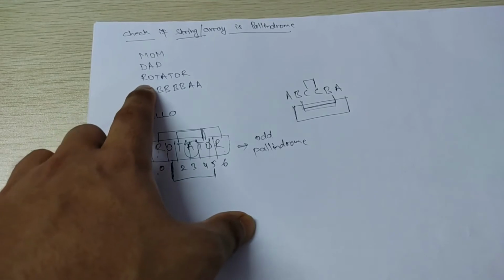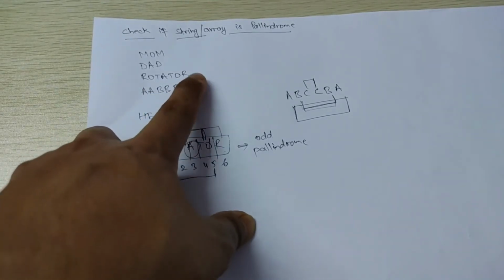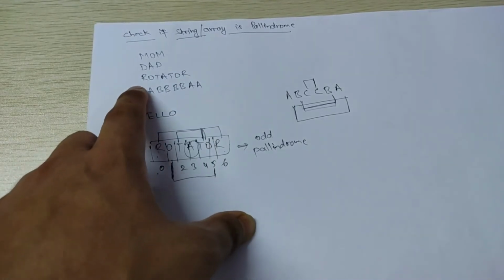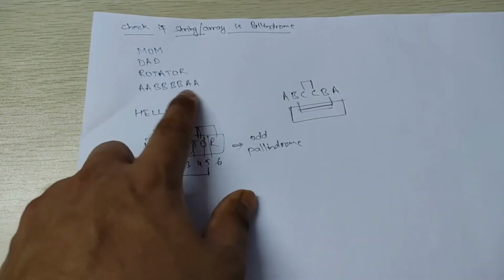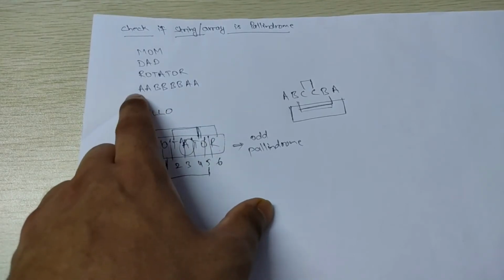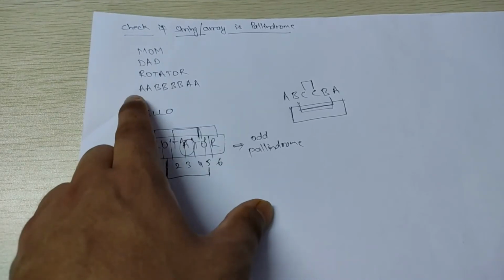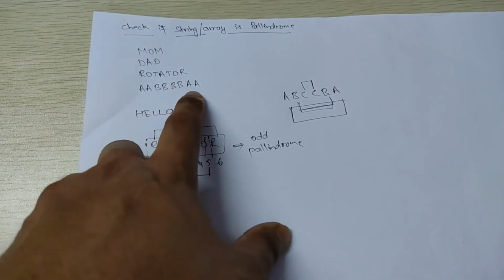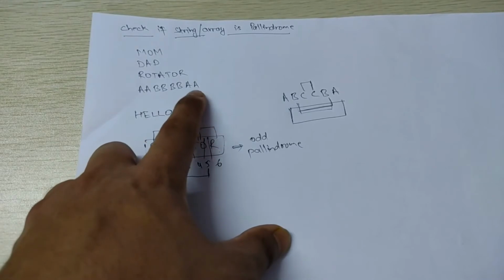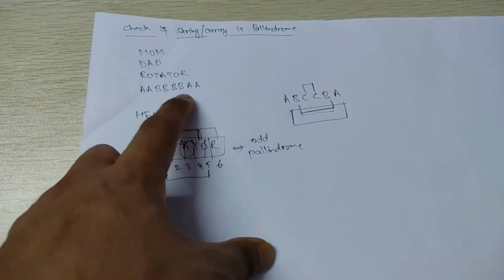Another example, rotator: from this side it is rotator, and from this side it is rotator. This is also an example, but not an English word, yet it holds the property. From this side it is AA, double B, AA, and from this side it still remains AA, double B, AA.